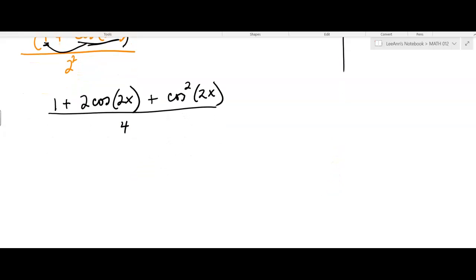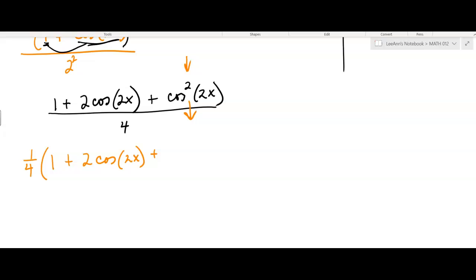Okay. Now, we're getting there. We still have an exponent, though, right here. And we're not supposed to have any exponents on sine or cosine. We don't have any sine functions in here, just cosine, so we're okay there. We're going to take this 4 in the denominator and write it out here. So 1/4 times 1 plus 2 cosine 2x, very common to do this, plus, okay, now this, we're going to use that double angle formula again.